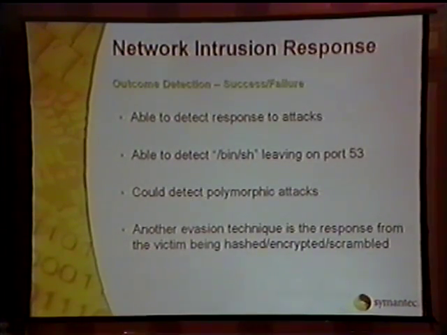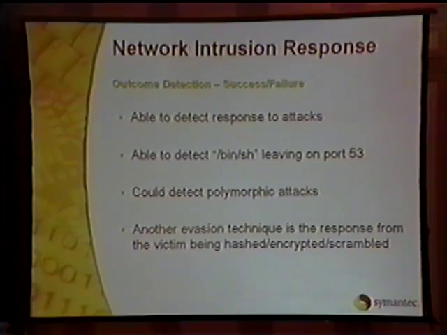Outcome detection, well, the problem with outcome detection is you already know that you've been attacked and probably it's worked. But what we need to remember is that an intrusion detection system, especially a network one, doesn't stop the attack, it just alerts you to the attack. Here we're able to see the response of attacks.